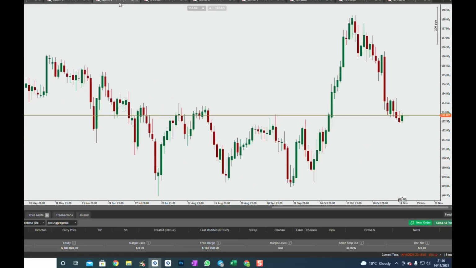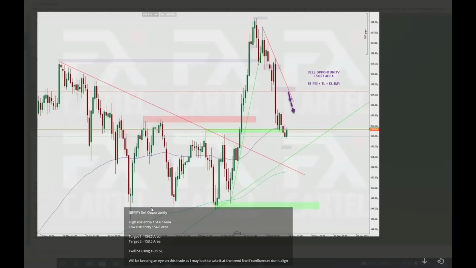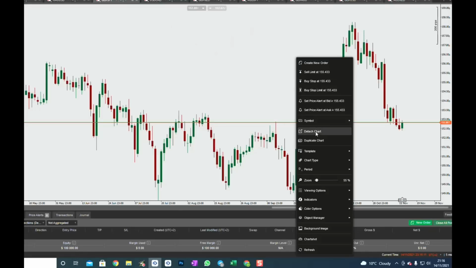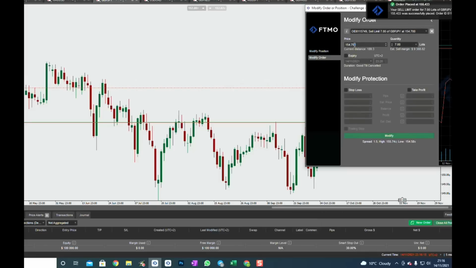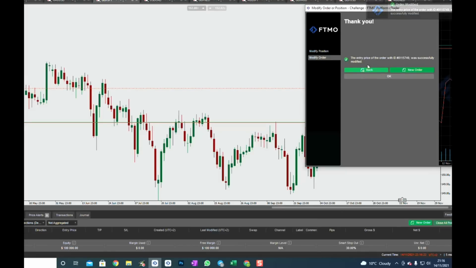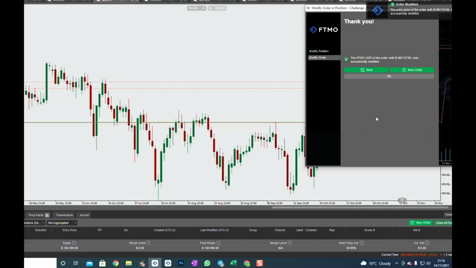So if it goes to GBP JPY, and it was to be a sell, 154.67 area. Let's just set a pending around here, 67, and using a 35 pip stop loss.